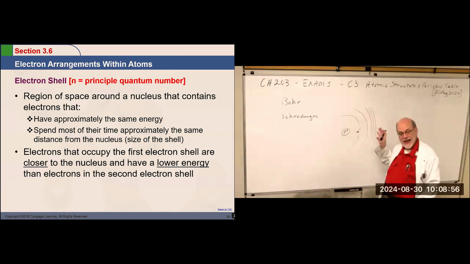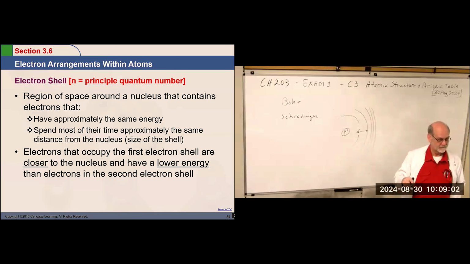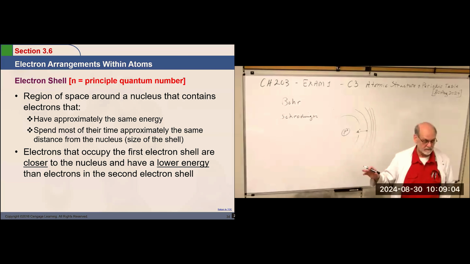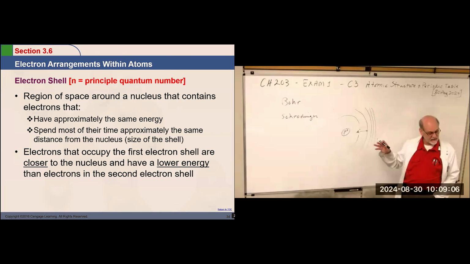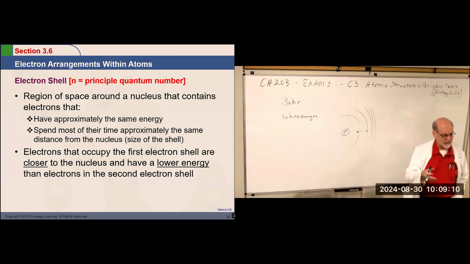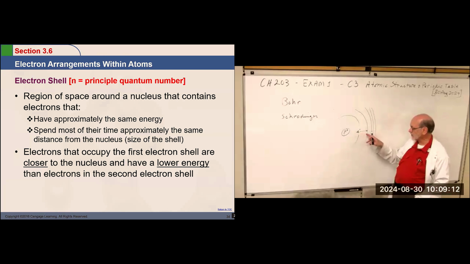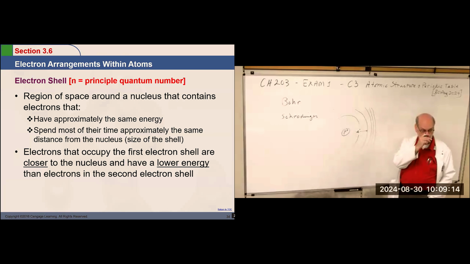And if you add energy to that electron, it will jump from one energy level to the other. It won't, not in between. It has to be exactly the right amount of energy, which means the right wavelength of light, to promote the electron to one of these upper levels.